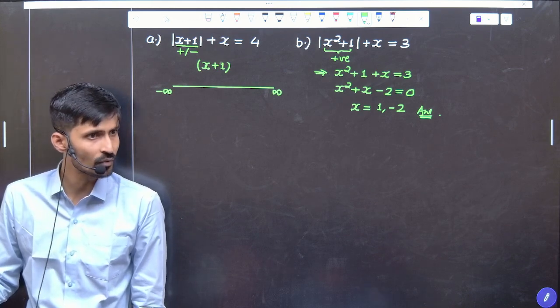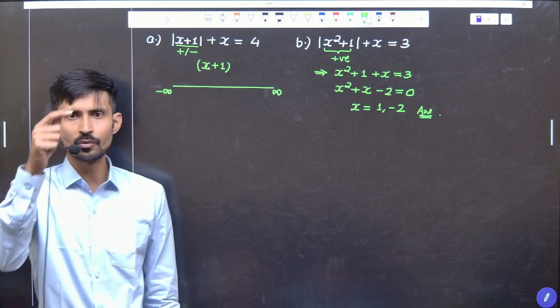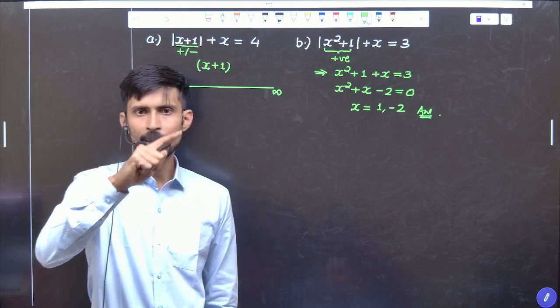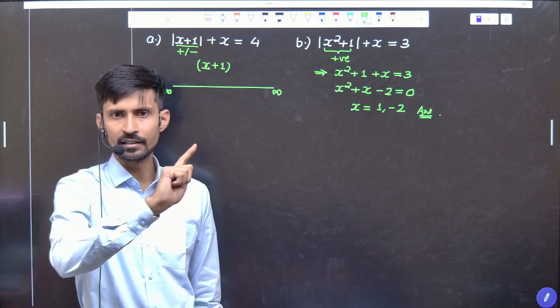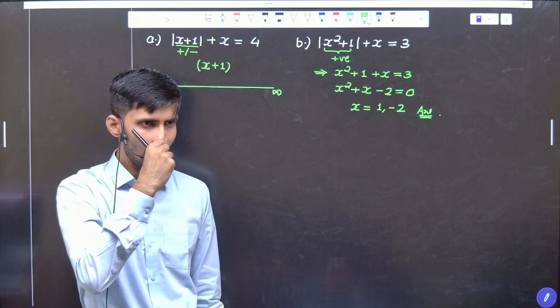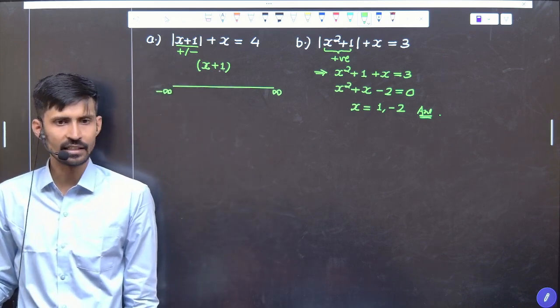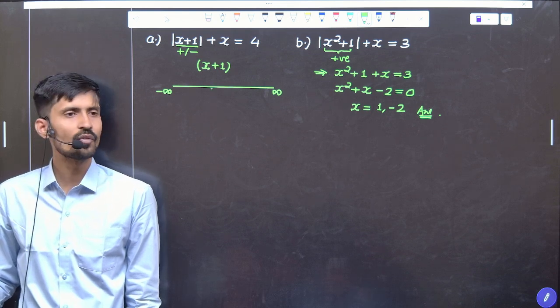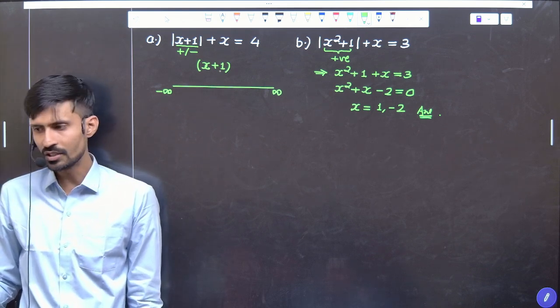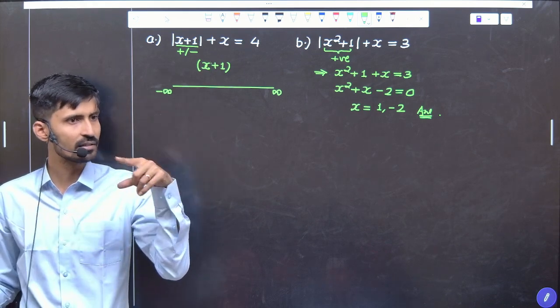Find the sign of this expression on the number line. Do you remember finding sign? One was numerator by denominator, numerator, denominator, 1 by denominator, numerator. There were 3 patterns, or not? It means we have to find its sign on this number line. So how to find its sign? First, this should look single, combined. It is combined, na?